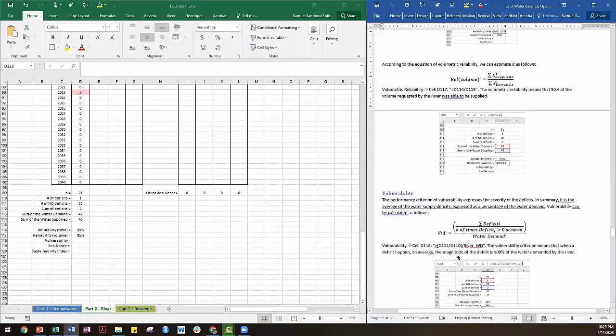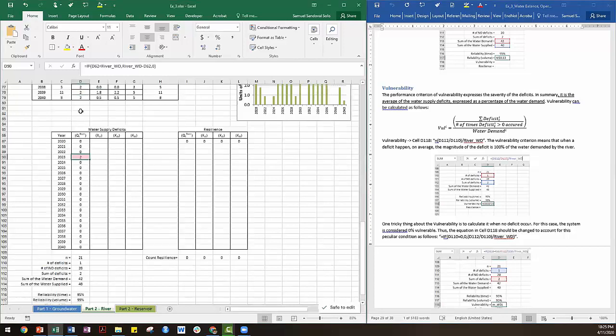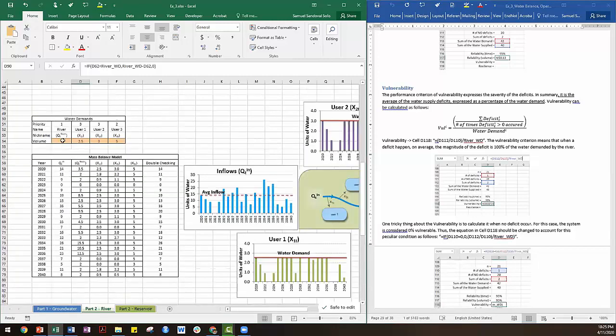Then vulnerability expresses how much water is lacking when you have a deficit. So this deficit of 2, it estimates the average of the deficits. If we have more than 1, we will estimate the average. And once you have estimated that average, then you will estimate how that average compares to the water demand.